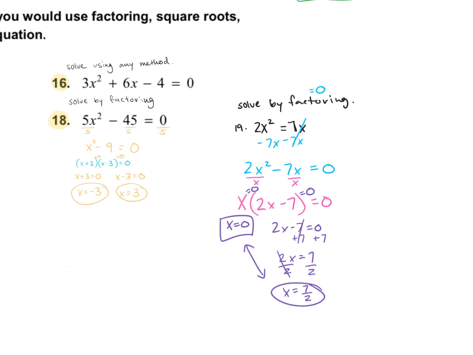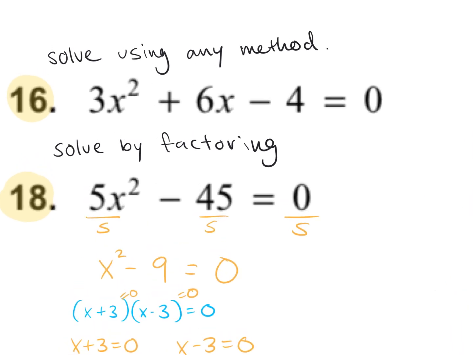All right, so let's take a look at 16. Now that we practiced all of our methods on solving, we can use whatever method we want here. So what would I do to solve? Awesome. Let's try to see if we could factor first, because factoring would probably be the easiest way. So let's multiply our first times our last. We have to multiply the first times the last if we're going to factor, because our leading coefficient's not 1.